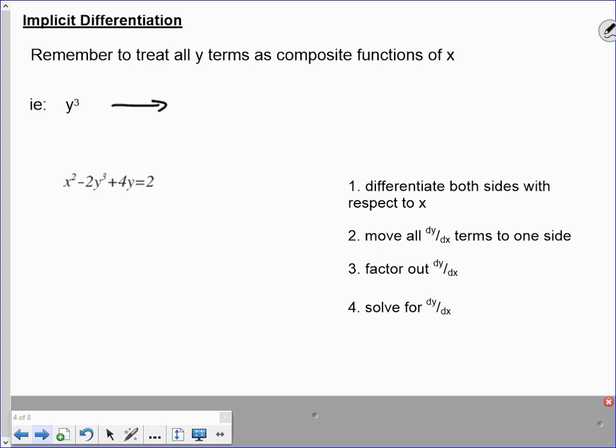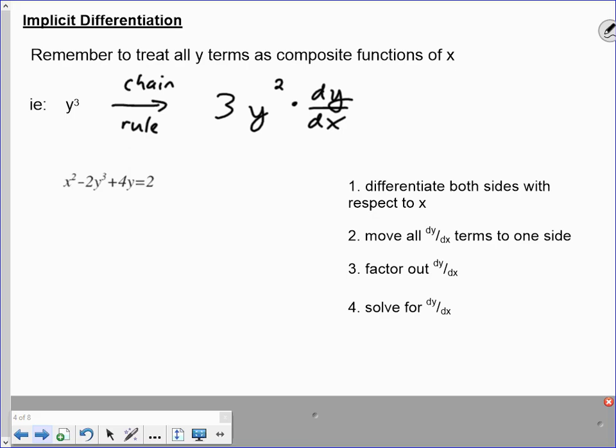So we're going to have to use the chain rule when we're doing this derivative. We're going to bring down the 3, treat y as our inner function, so keeping the y exactly the same, and then multiply by the derivative of that inner function. Derivative of y with respect to x is dy dx.